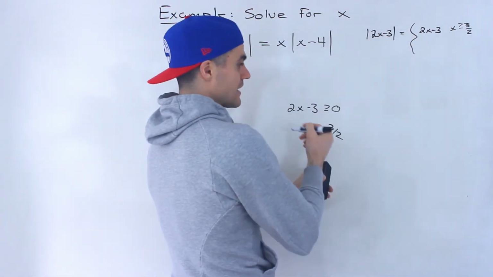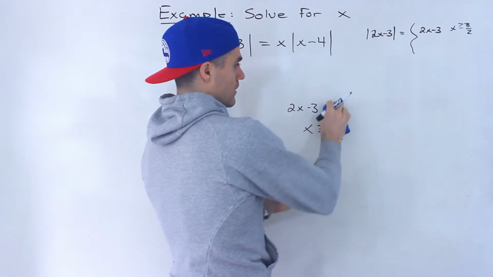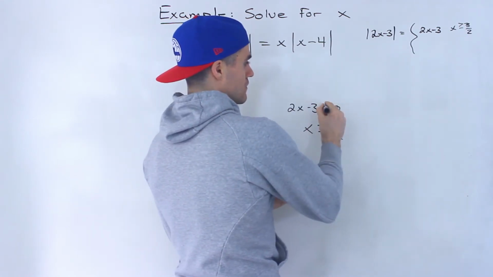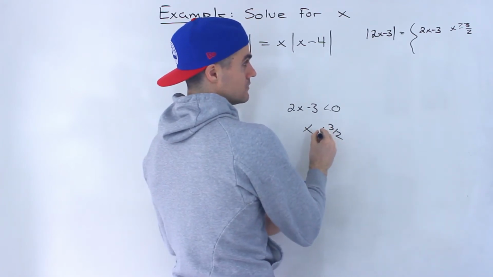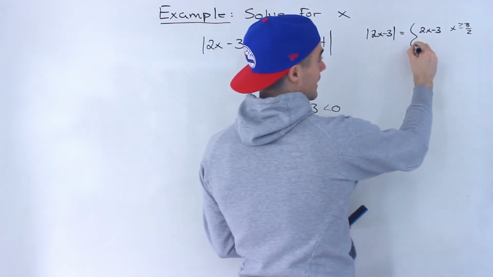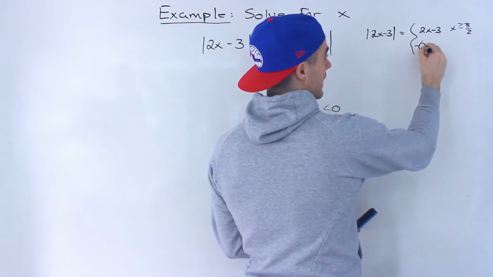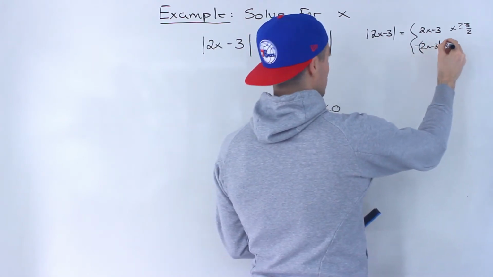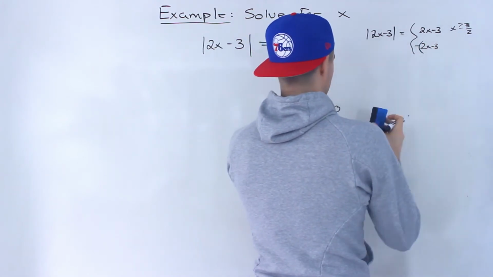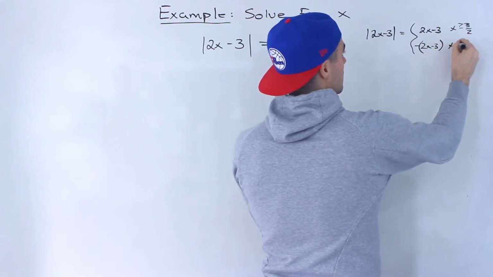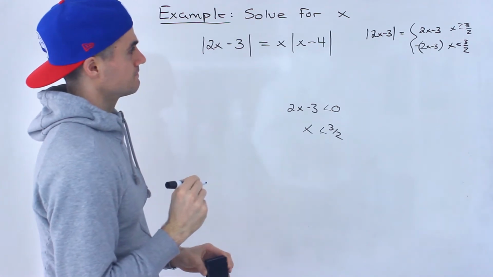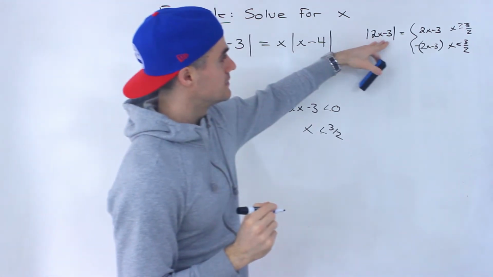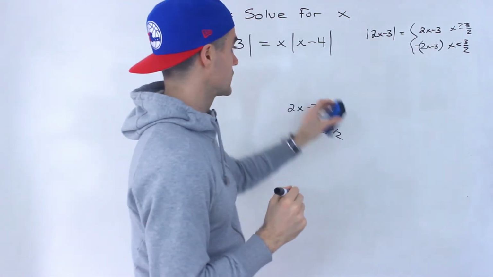But if it's negative, which happens when x is less than 3 over 2, then we have to multiply it by -1 to turn it into a positive. So this is equal to that piecewise function.